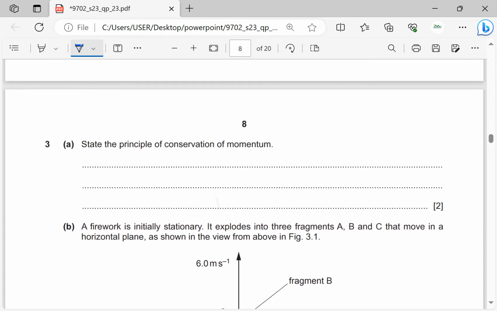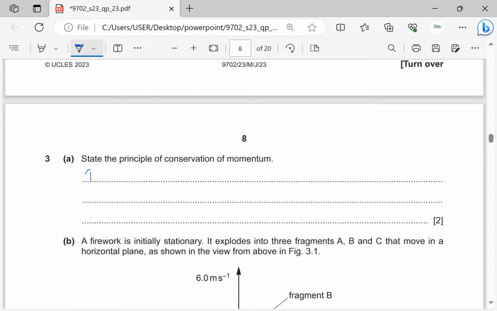State the principle of conservation of momentum. Of course, we know that the total momentum of an isolated system of interacting bodies is always constant.